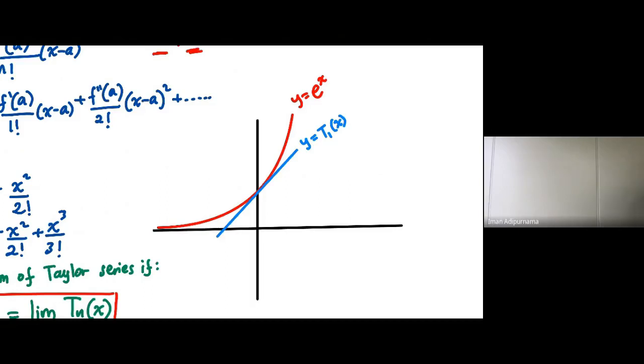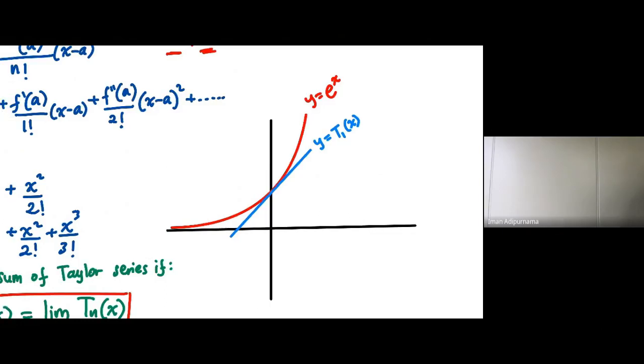So it's a linear function. And the second one, if you draw the curve, let's say that is our T2. Let me write this as T2 of x.